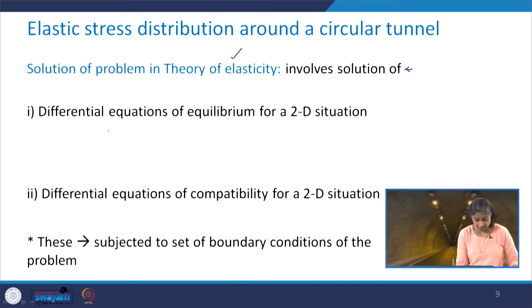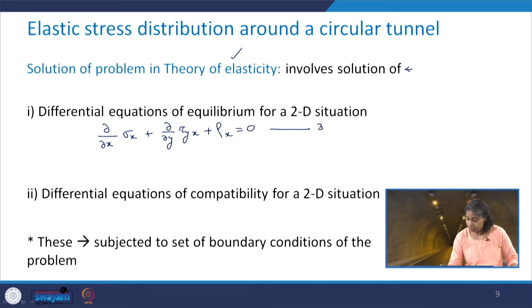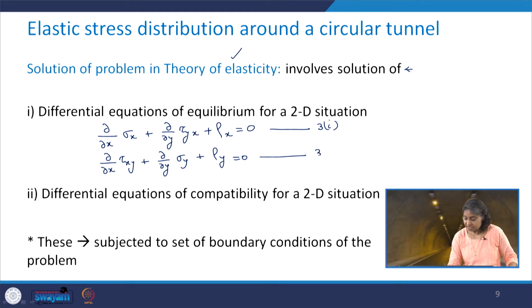We can write del x of sigma x plus del y of tau yx plus rho x is equal to 0. I make it equation 3 part 1. Then I have del x of tau xy plus del y of sigma y plus rho y equal to 0. This is 3 part 2. So, these are the differential equations of equilibrium.